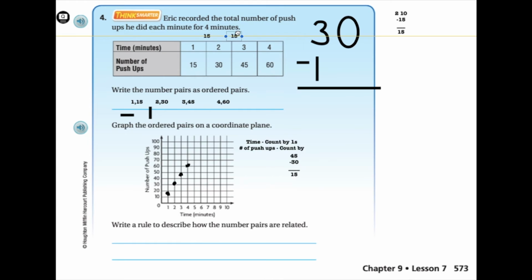And I'm just putting it at the top so you can see that the difference between 30 and 15 is 15, and the difference between 45 and 30 is 15, and again 60 minus 45, well, that's 15 as well. Write that down, and that's it for math.